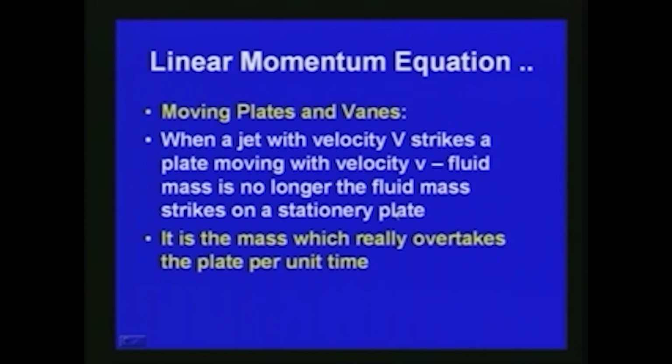As I mentioned, a plate is there, the velocity of the jet is capital V, and the plate is now moving with a velocity of small v. As in the earlier case of the fixed plate, it is not the same mass that is hitting the plate, since the plate is also moving.